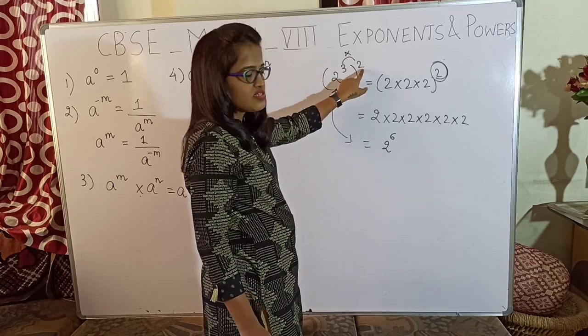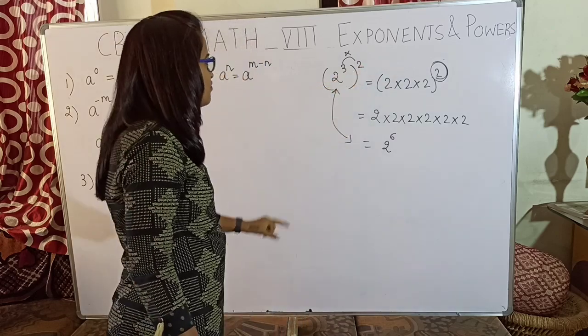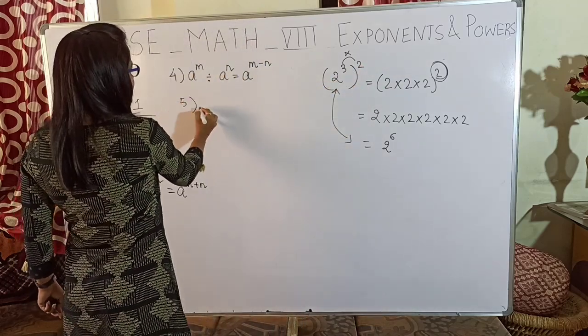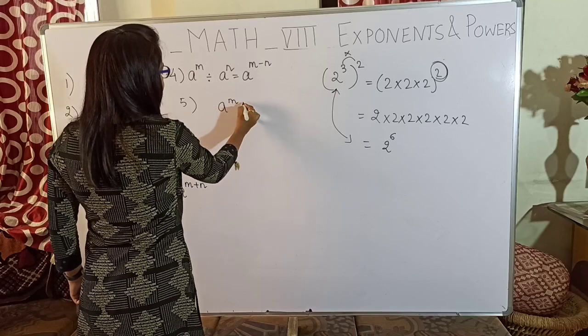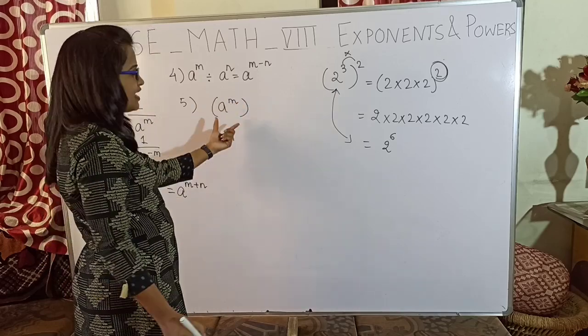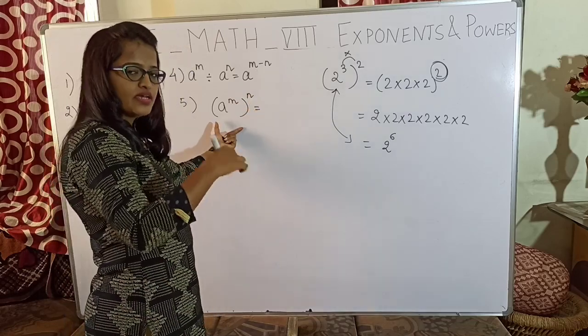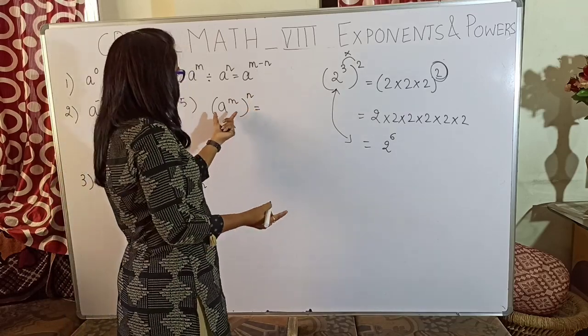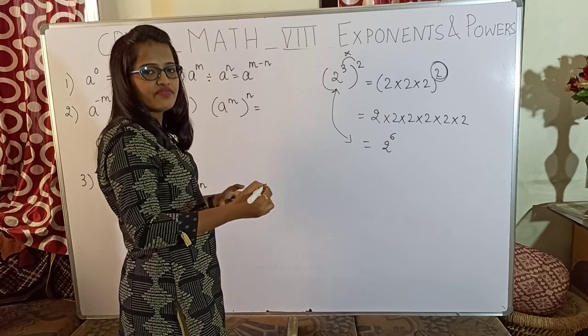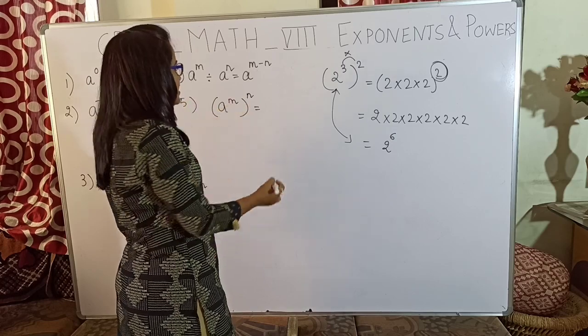Okay, so this becomes your next law, which says if a raised to m is present and you are taking its nth power, so a raised to m, raised to n, then a raised to m is being multiplied with itself how many times? N times.